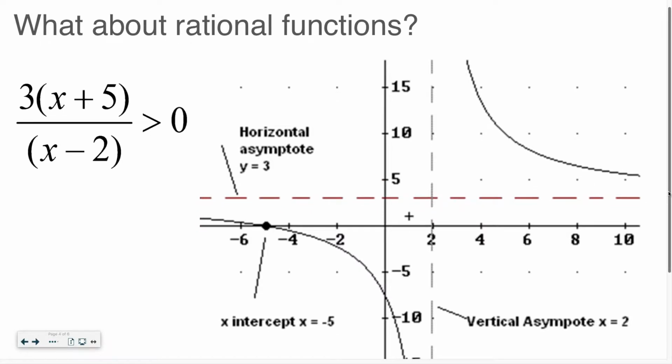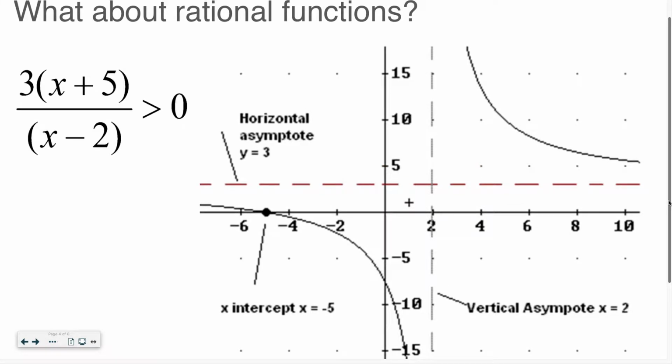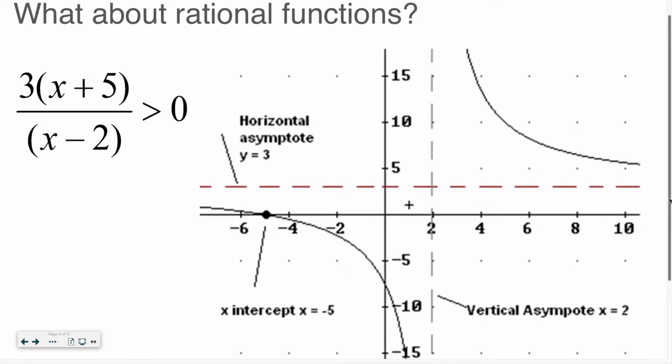Let's talk about what happens when we have rational functions. Here I have an inequality, and here I have the graph. First of all, I want you to talk at your table.